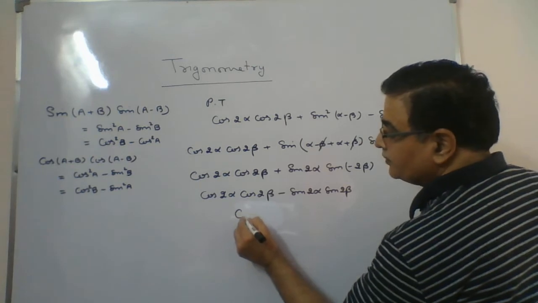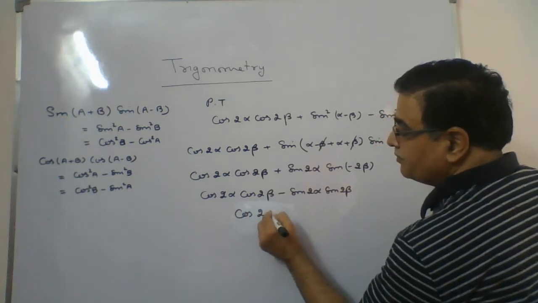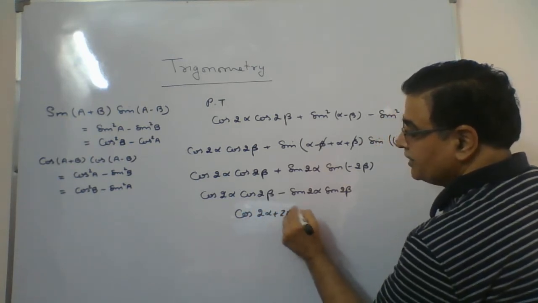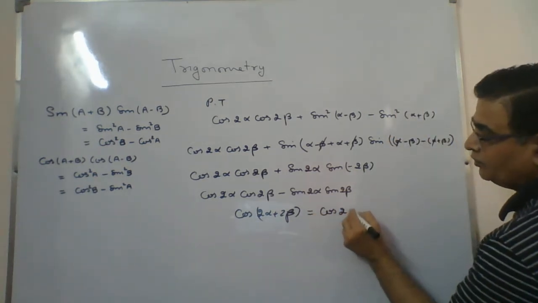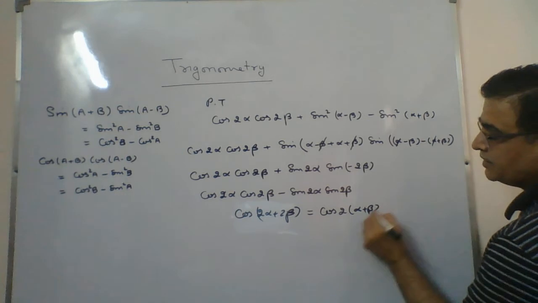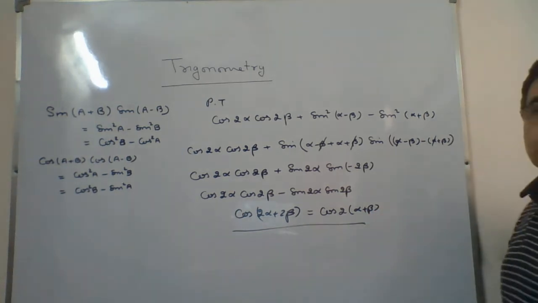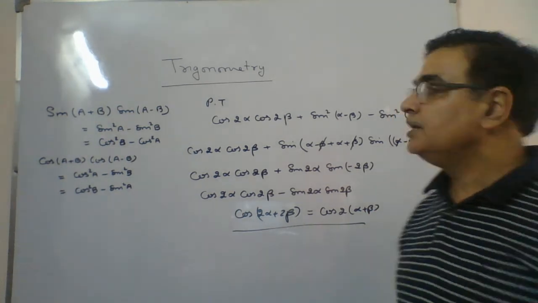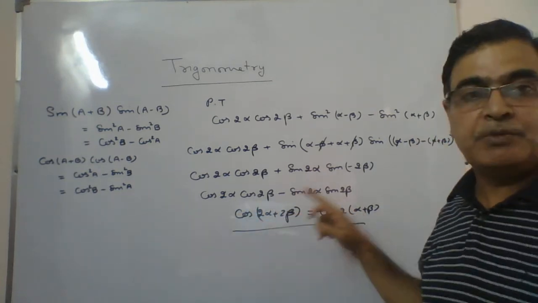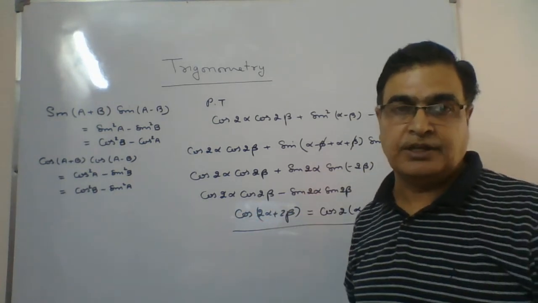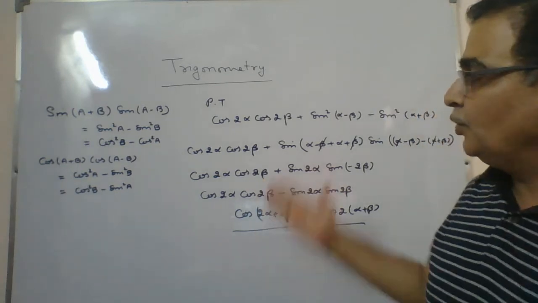The formula says it is cos(A + B), so it comes cos(2α + 2β). Or you can take 2 common, cos 2(α + β). So this way you can do the question. Very simple, not a difficult one. One formula is this, another formula is cos A cos B − sin A sin B, that also you have done. So this is a very simple question, you can do it.